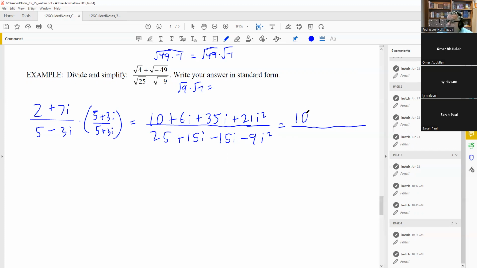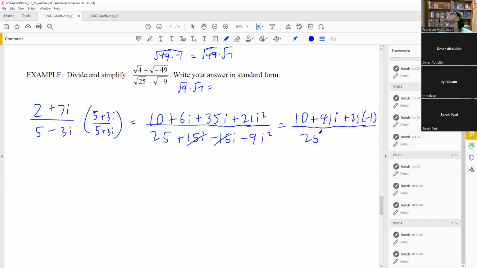This is 10 plus 41i from this, and plus 21 times negative 1. Now down here, we have the 25 is there, but the 15 i's, those are both going to cancel out.